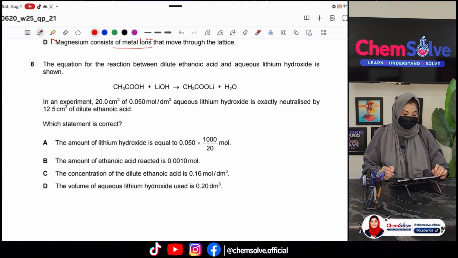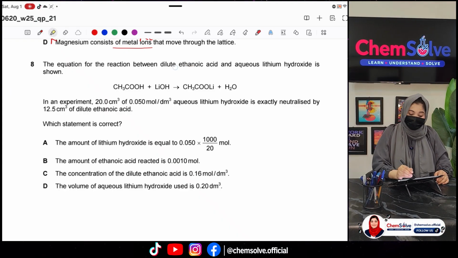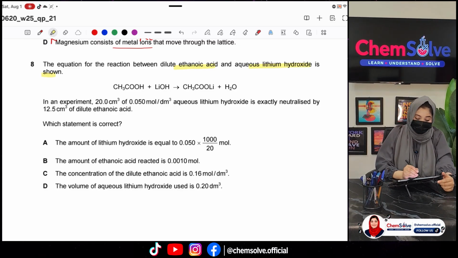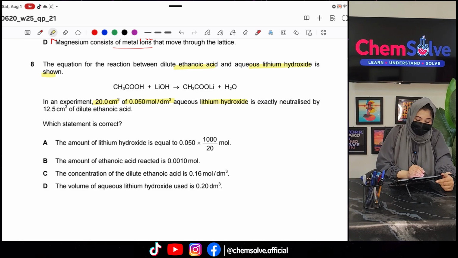Question number 8. The equation for the reaction between dilute ethanoic acid and aqueous sodium hydroxide is shown. So we have 20 cm³ of 0.05 mol per dm³ of aqueous lithium hydroxide exactly neutralized by 12.5 cm³ of the dilute ethanoic acid. Which statement is correct?